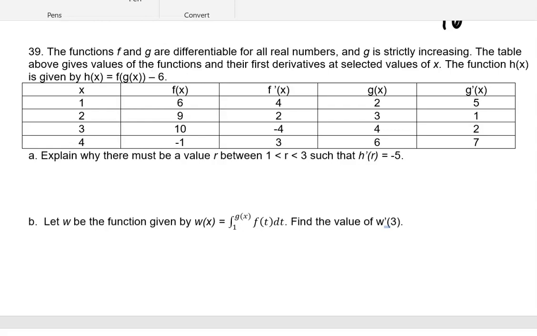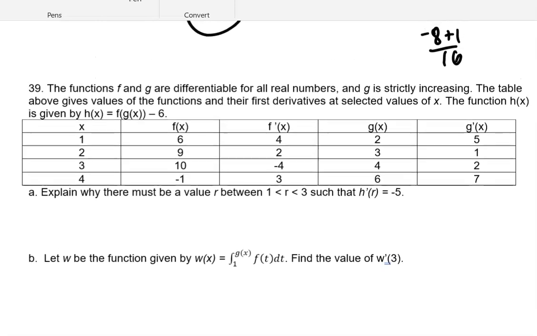So, all right. You've got to kind of remember the previous review that we had done. There's an important element to that review that applies here. So it says the functions f and g are differentiable for all real numbers, and then g is strictly increasing. So the first thing you want to recognize, and we talked about this in our last review, we really want to understand what they're giving us, what they're not giving us, and what does all of that mean.